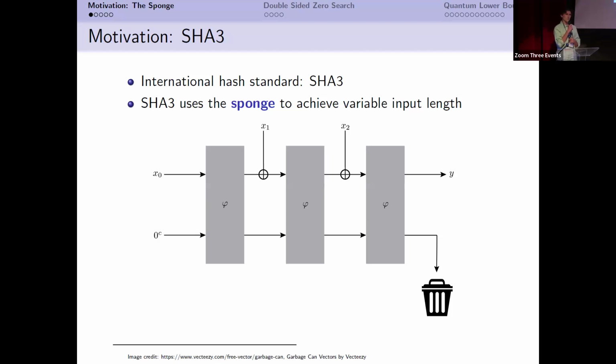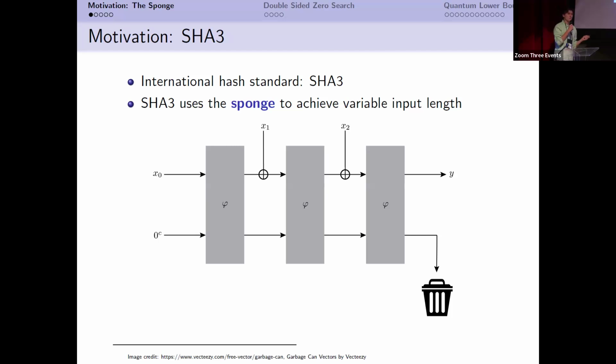And it's a pretty simple construction. In this diagram that I drew, this is the sponge. Phi is a fixed input length and output length object. So there's two wires as input, and two wires of the same size as output.